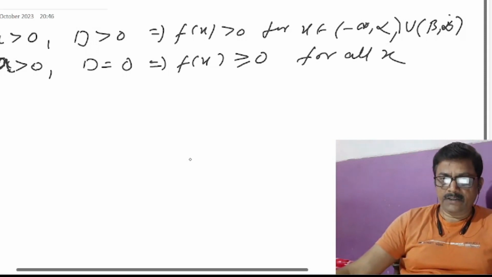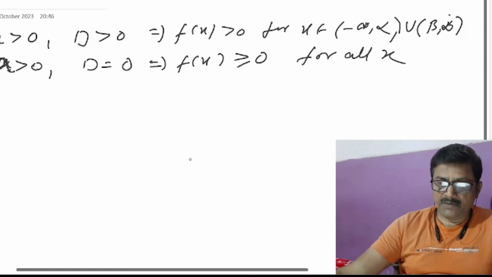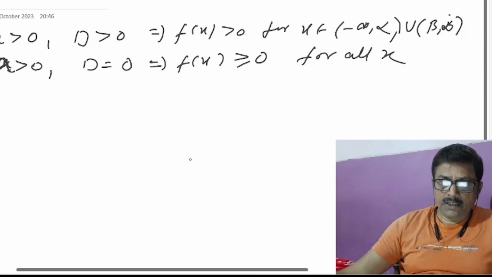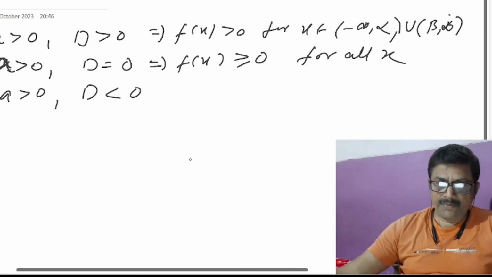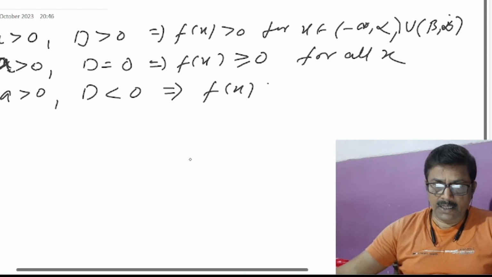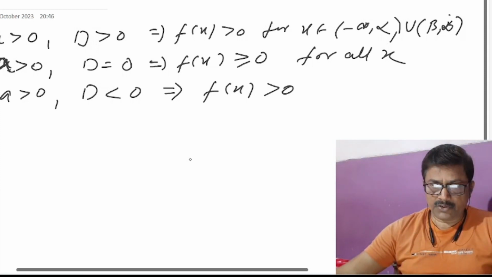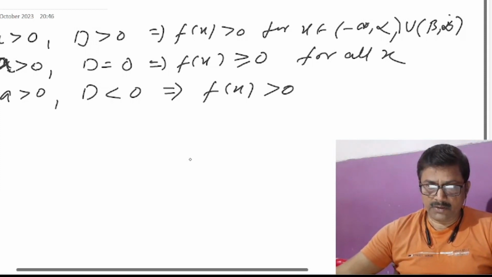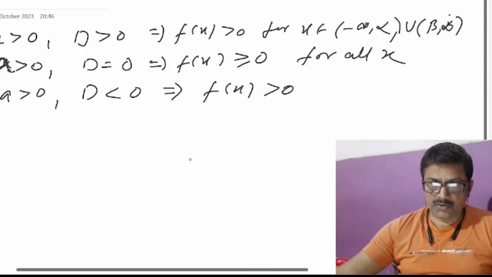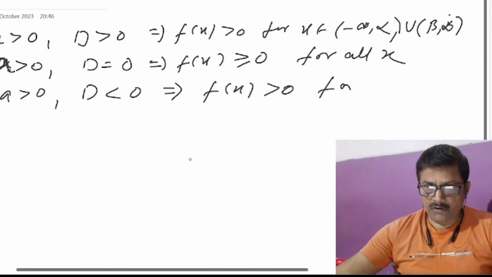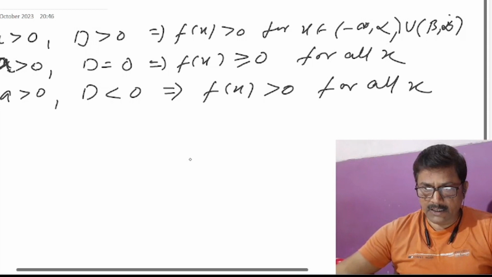Now in the third case you learned if a is positive and D is negative, then f(x) will always be positive, not equal to 0. Here we will not apply equal to 0, only positive for all x.